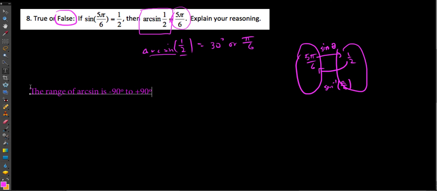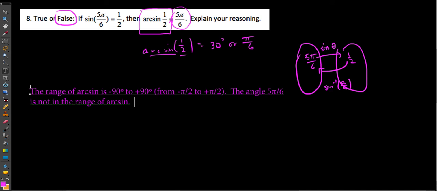I'm doing this in degrees, so maybe I should say from negative pi halves to positive pi halves. The fact is that 5 pi over 6 is not in that range, so the angle 5 pi divided by 6 is not in the range of arcsine.